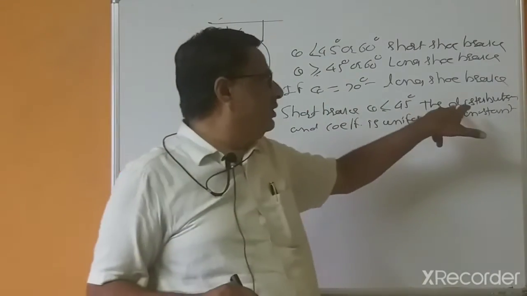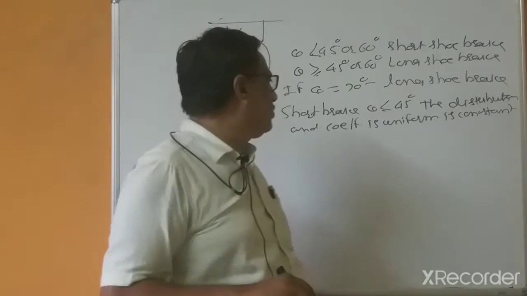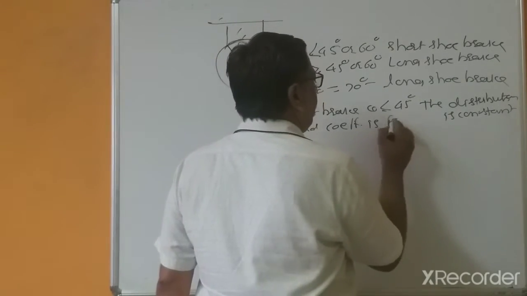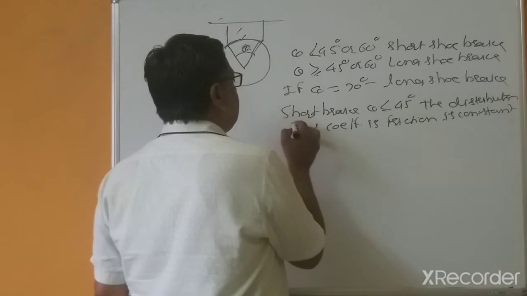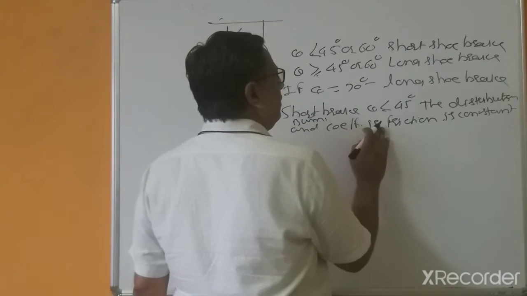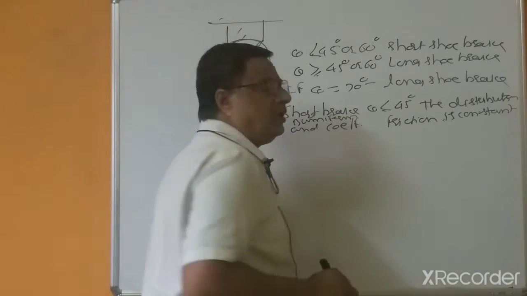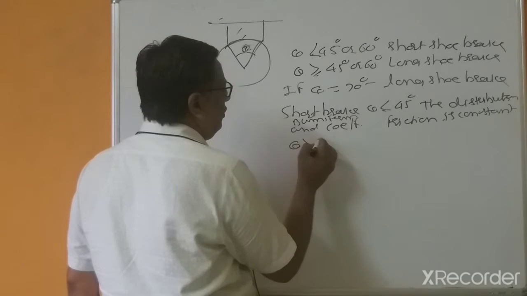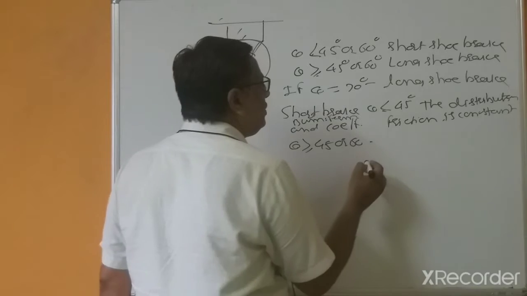And if this angle theta is greater than 45 or 60 degrees, then the coefficient of friction is not constant.